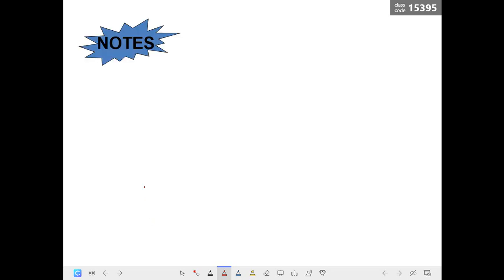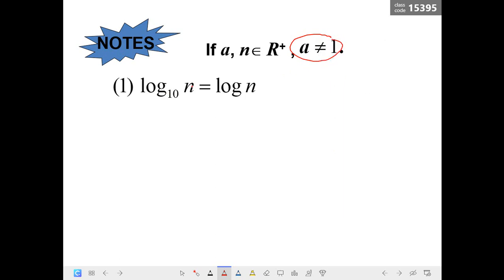Notes. If a is a member of real numbers, a not equal to 1, log n base 10 is equal to log n. Log n without a base, we consider this is base 10.